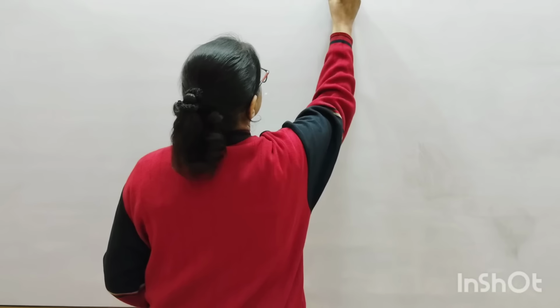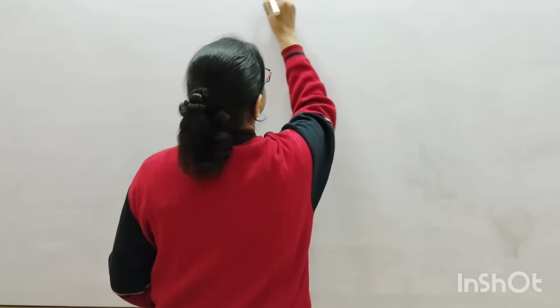This chapter is important, as it has been given from standard 7, 8, 9, 10, 12. So this is a very important topic. Its conceptual part, its numerical part, its diagrammatic part, all are important.